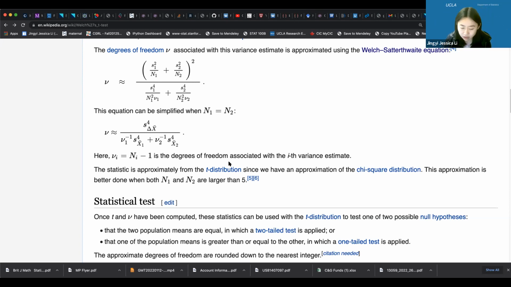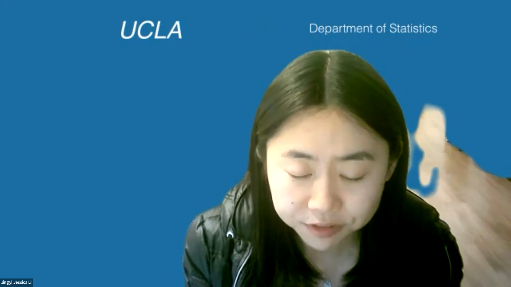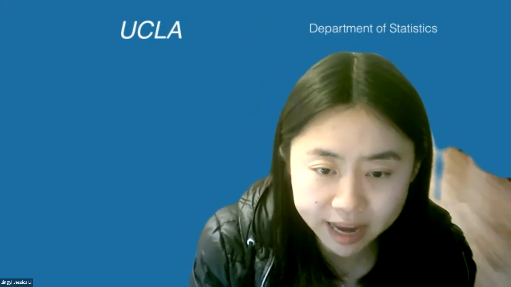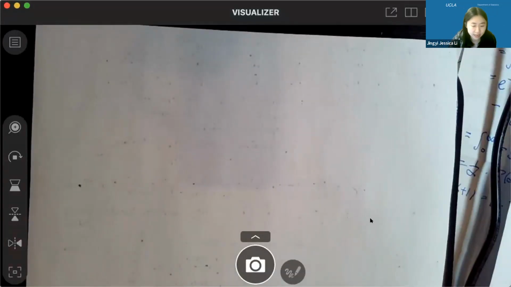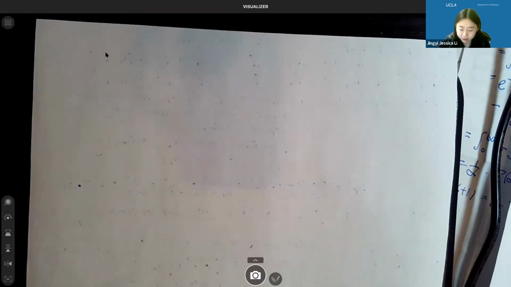This is called the F test. I'll stop sharing this one and I'll share my handwriting. The F test is a way to test if the two samples support the null hypothesis that the two normal distributions have the same variance.